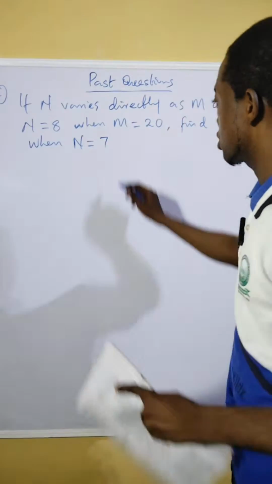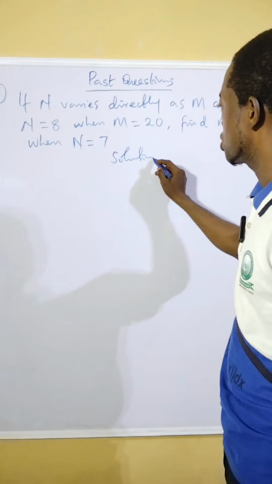Find m when n equals 7. This is variation, which is direct variation.